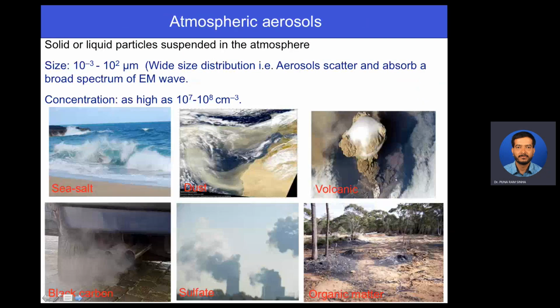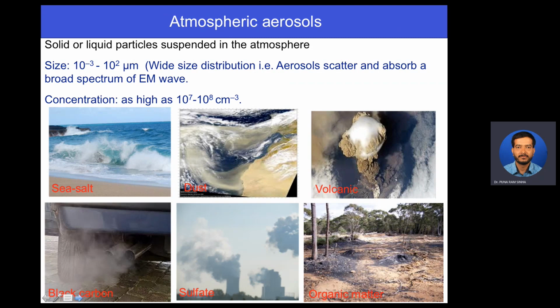So let's start. The atmospheric aerosols are an ensemble of particles, solid and liquid, suspended in the atmosphere. Because it has wide sources, the size varies from 10 to the power minus 3 micrometer to 10 to the power 2 micrometer.